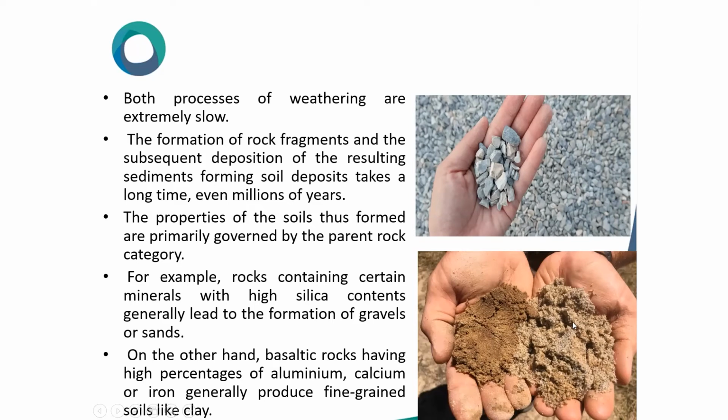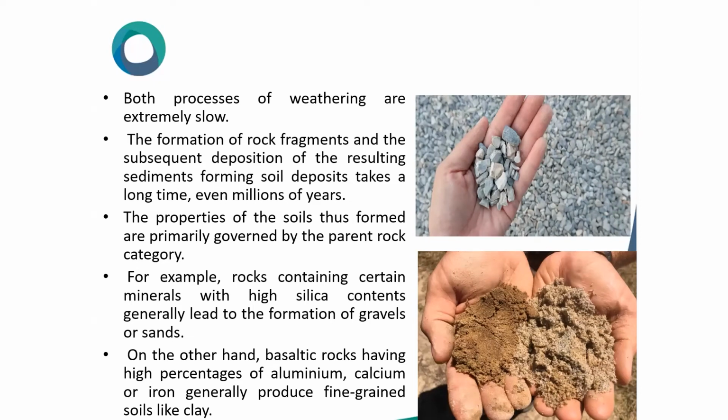Why is it happening? Because of the process of weathering, the formation of rock fragments and the subsequent deposition of the resulting sediment forming a soil deposit takes a long time, even millions of years. The properties of soil thus formed are primarily governed by the parent rock category.